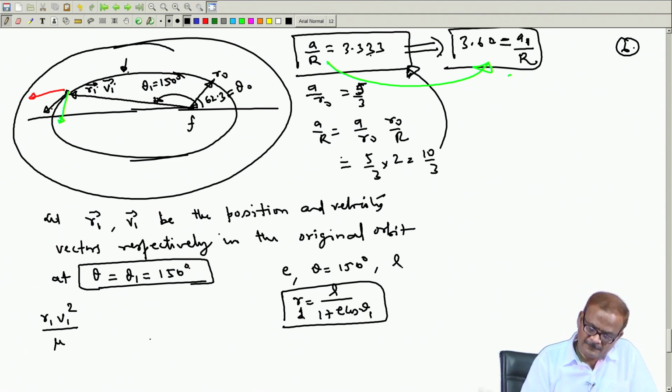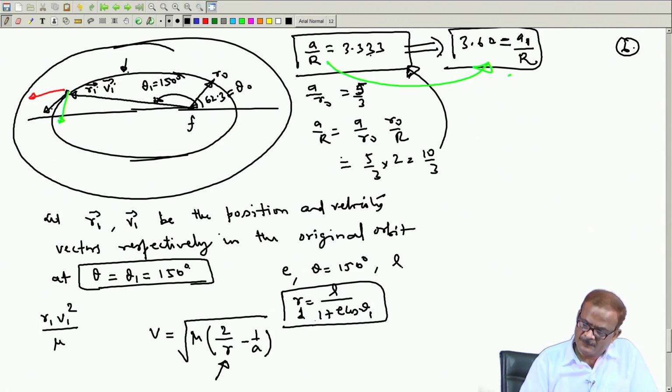For evaluating V, we can use this relationship V equal to under root of mu times 2 by r minus 1 by a. So, in the original orbit, r position will be known from this place, a is already known, mu is already known, because it is related to earth, and therefore, V can also be known.